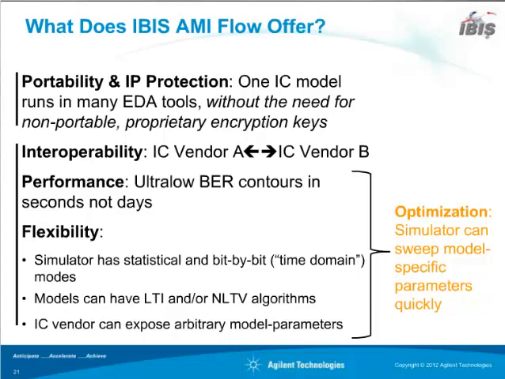And the nice thing is, because it's defined by a standard, it's also portable. It means you can take it to different simulators and share it between yourself and your customer, or get it from your vendor. So that comes to the interoperability. The nice thing there is that you could take a transmitter from vendor A and a receiver from vendor B, and if you're using IBIS AMI standard models, you should be able to work with them together.